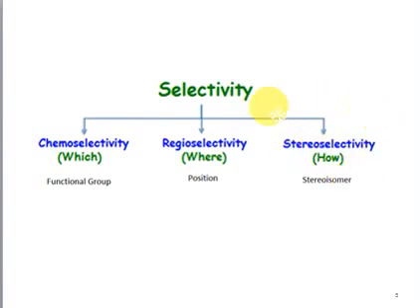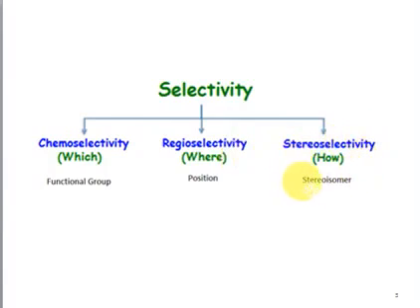So we have three types of selectivity: chemoselectivity, which is related to the functional group, and is the preference of one functional group to preferentially react. Regioselectivity is dependent on the position or the site of action, and explains which of the two positions will preferentially react.